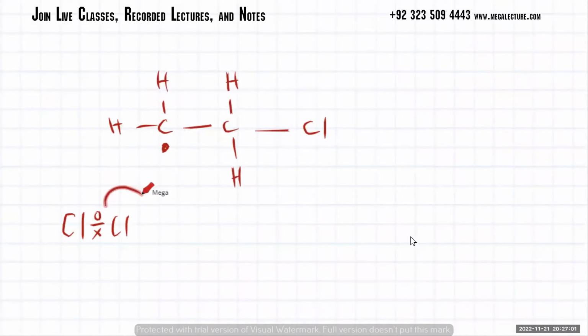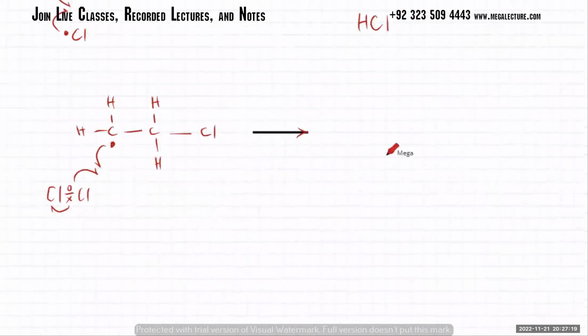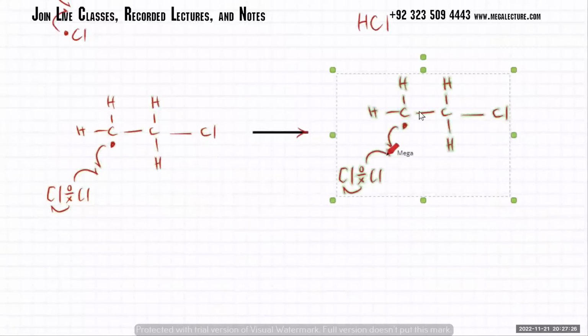It's going to grab one of those Cl. This electron goes back to this Cl. Again, it's a homolytic bond fission that's happening, and the result will be that one of the Cls is going to go and join with that particular radical, the chloroethyl radical.